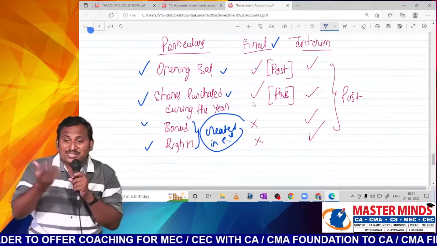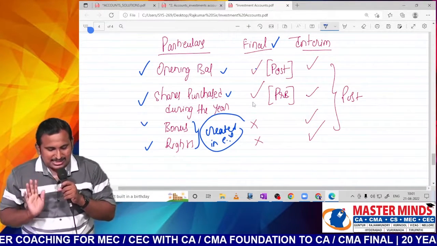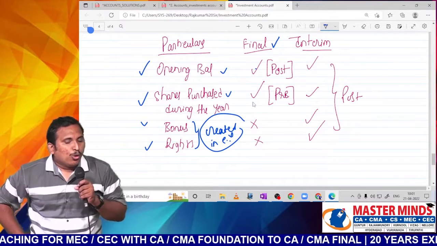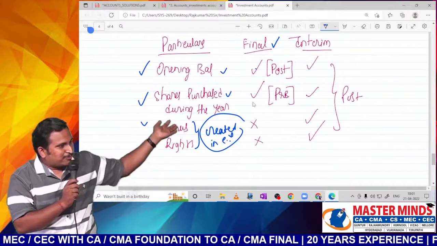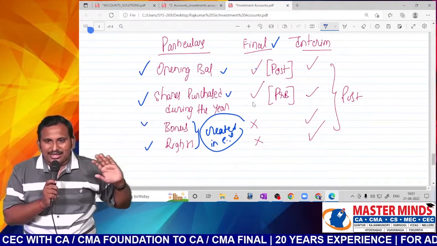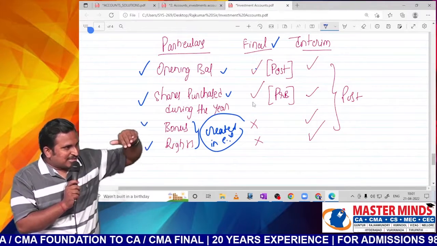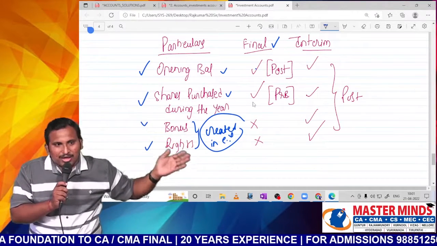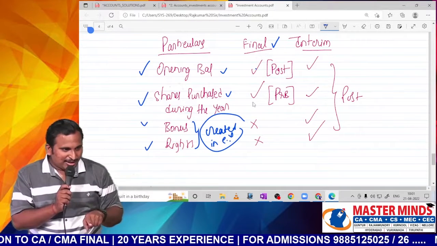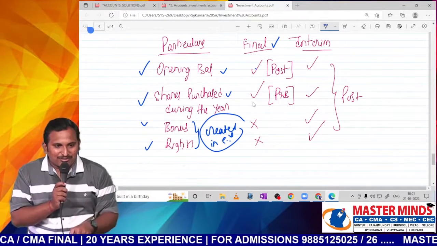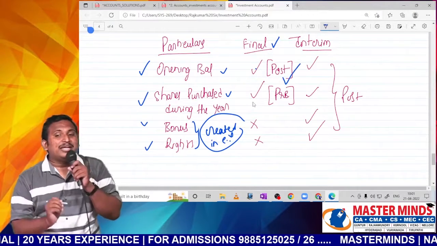Now there comes a question: what is pre-acquisition dividend and what is post-acquisition? Now I can say, sir, opening balance means these shares exist from the previous period. If they exist from the previous period, that means you are earning after investing, and the receipt is also after investment, which makes it which type of dividend?